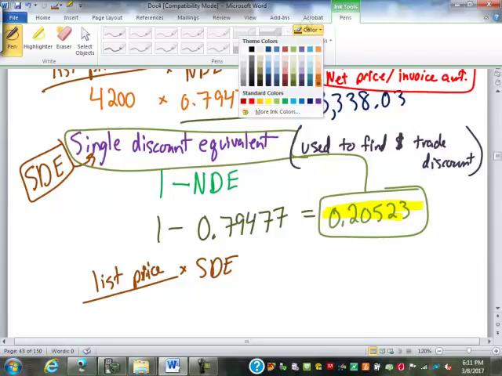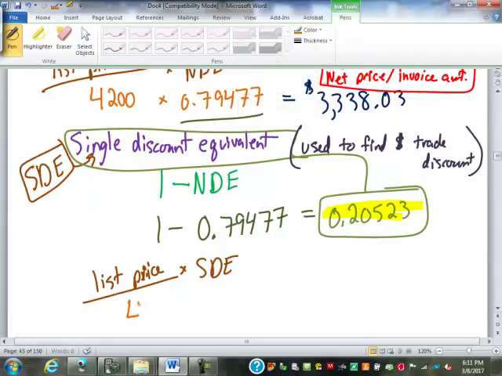So my list price was the 4,200 yet, times 0.20523, and we get, I believe, $861.97.